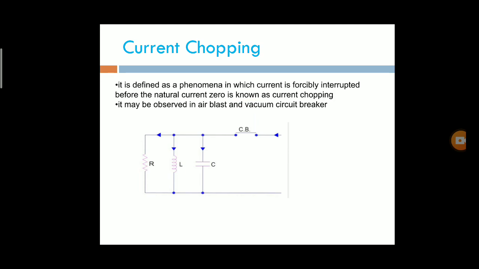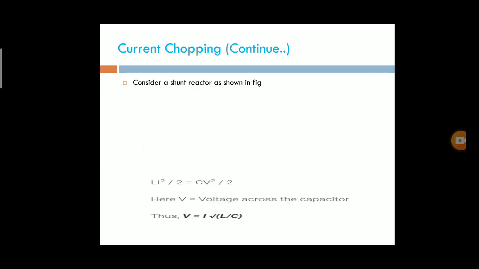Before natural current zero, the low magnetizing currents, which are very small compared to the full load currents or fault currents, will be brought to the zero position.